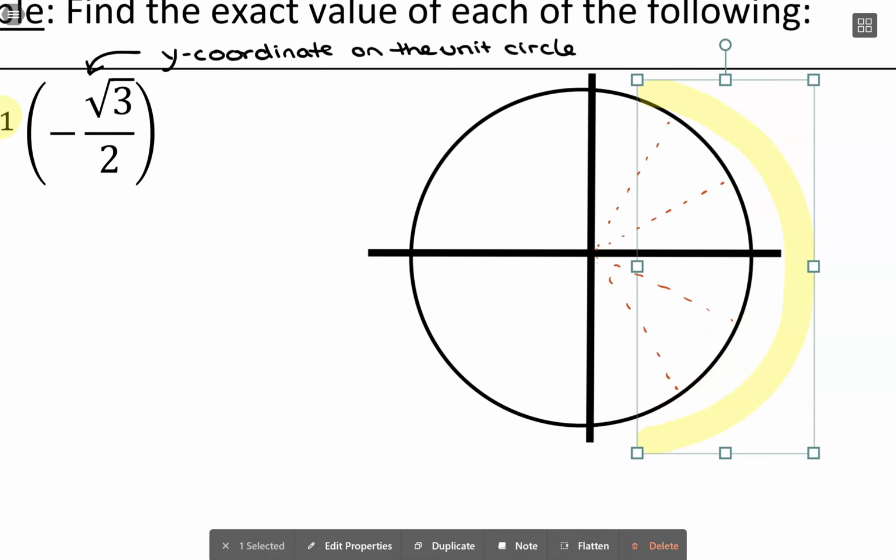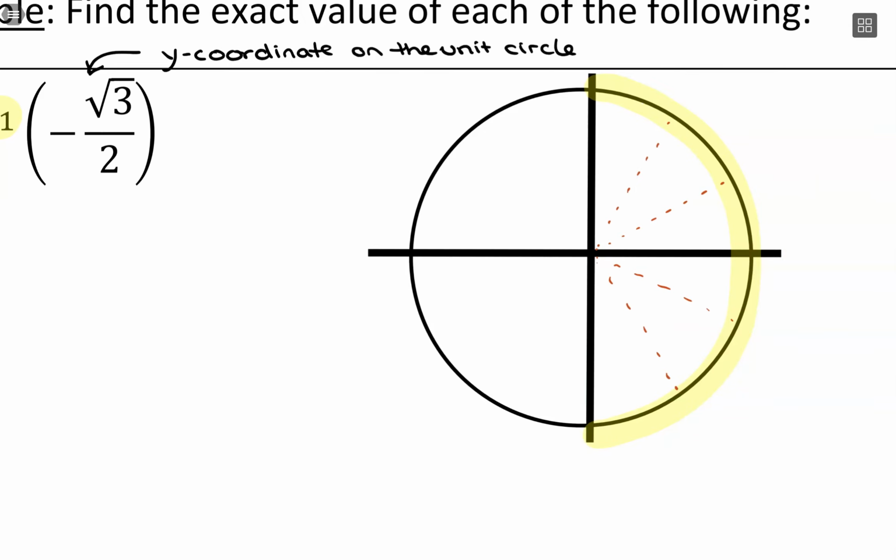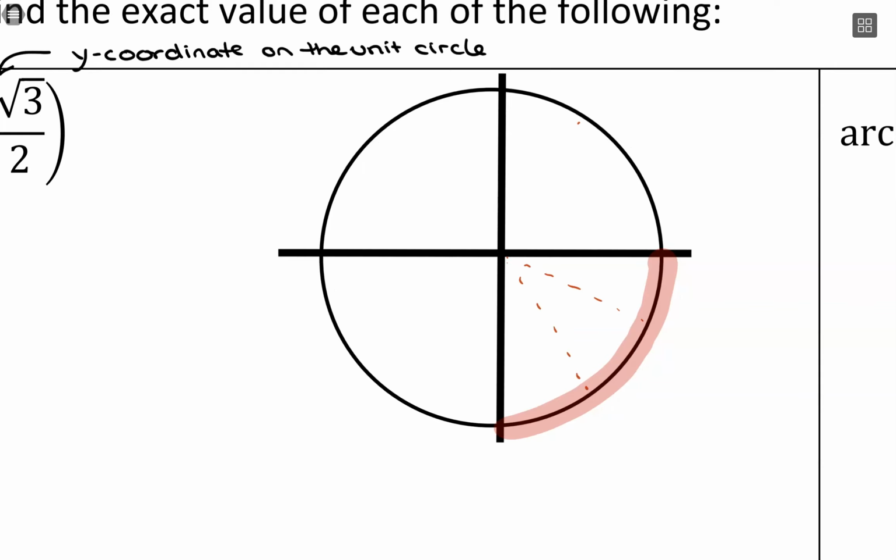Now I can see that the y-coordinate is negative, which forces us to be in the fourth quadrant here. So those possibilities that I drew up above are actually not possibilities. I typically write out both of the coordinates just to organize it in my head.